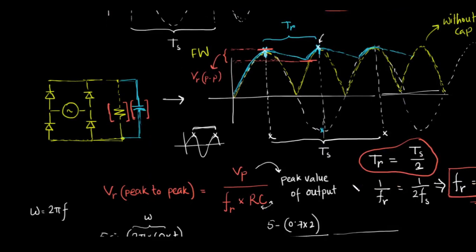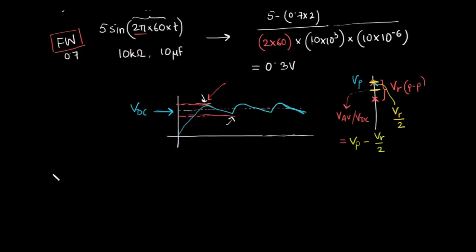What we found out in this lecture is that for a half wave rectifier, the frequency of the ripple was equal to the frequency of the signal, and for a full wave rectifier the frequency of the ripple was equal to twice the frequency of the signal.